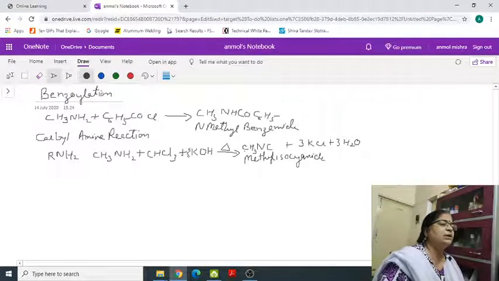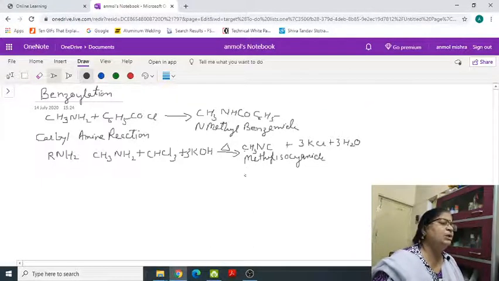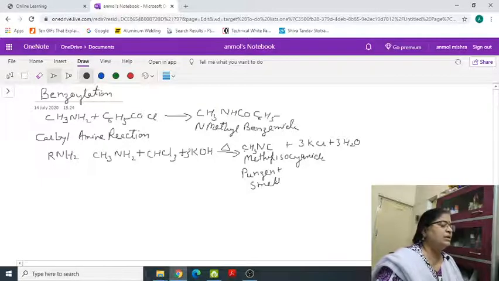Very important reaction. It is used as a test for primary amines. Pungent smell, irritating, cannot be tolerated. It is also called isocyanide or methyl carbylamine.